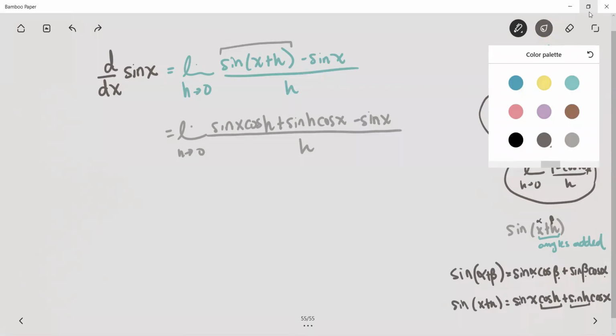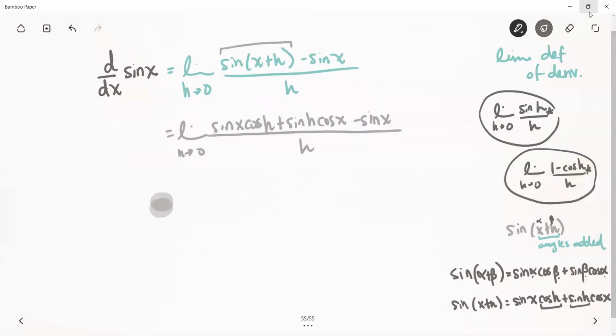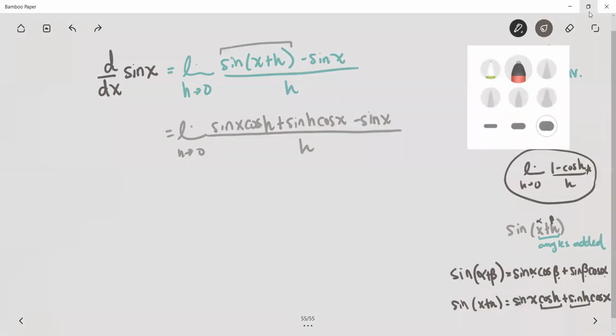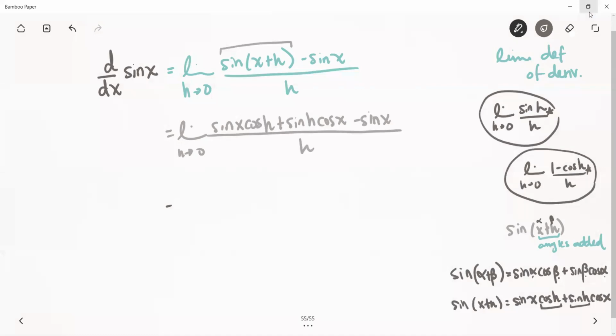Maybe for now, let's just rewrite it. Let's move this part in front because we already know that that's something of interest, right? All over h.